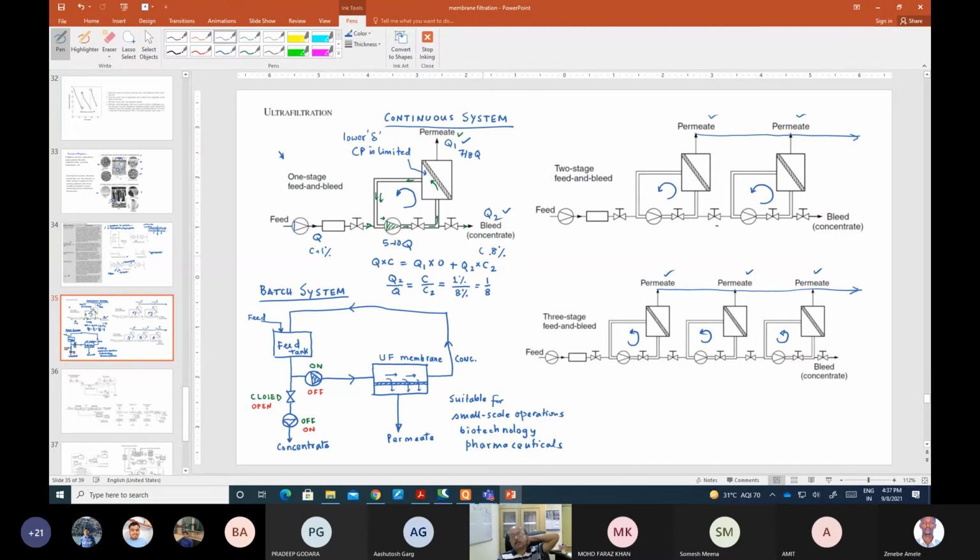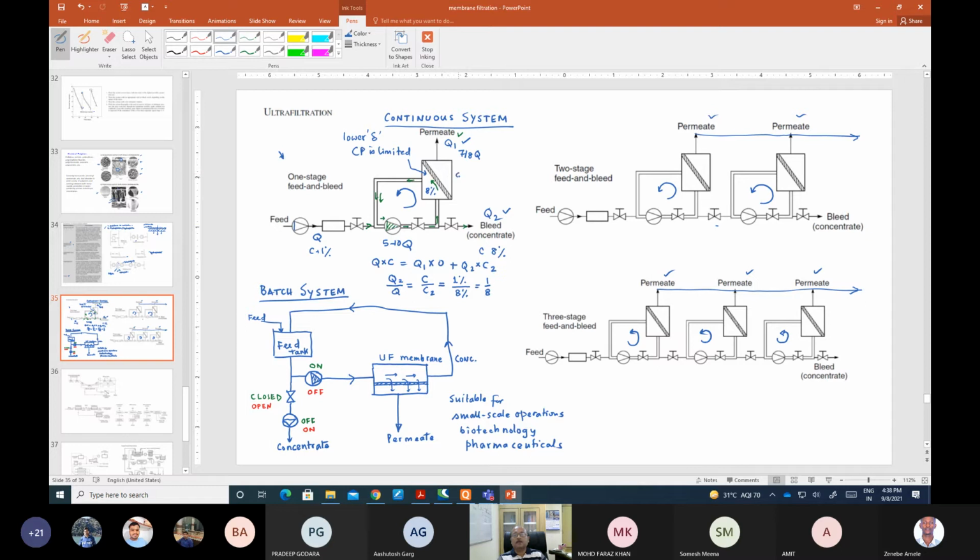Now you can understand that if you do this, obviously here the membrane is seeing an 8% solution, because you are bleeding from here. So the membrane is seeing an 8% solution, and what is on the other side of the membrane?